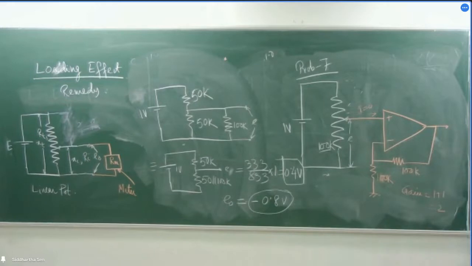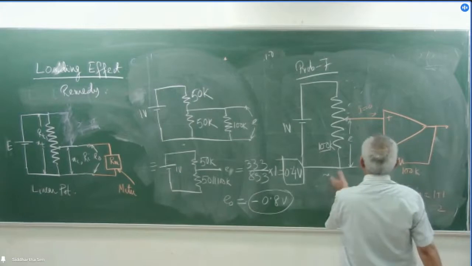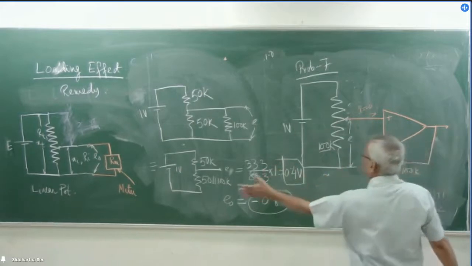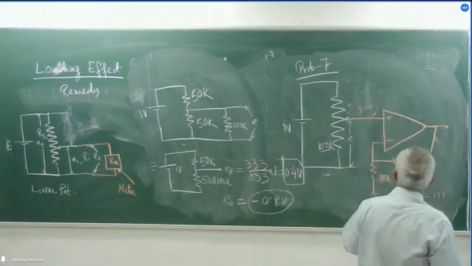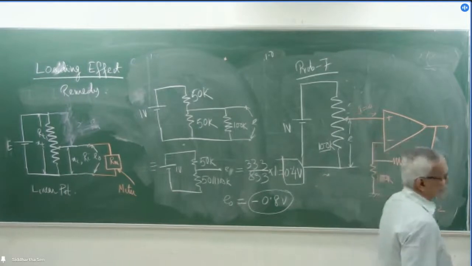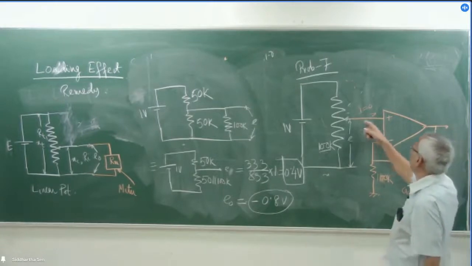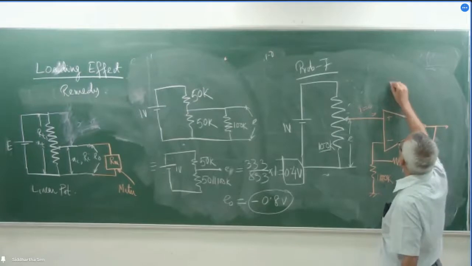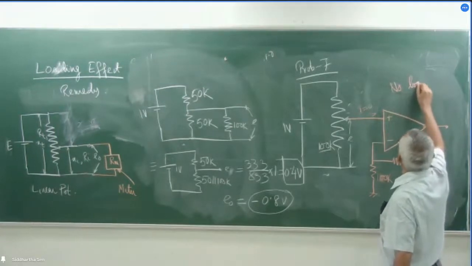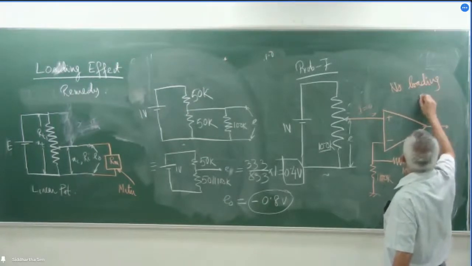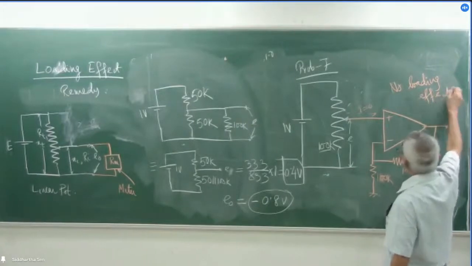So naturally, if I had connected this potentiometer with this, instead of the circuit I have shown earlier, I could have nicely got a very linear characteristic. So here there is no loading effect.